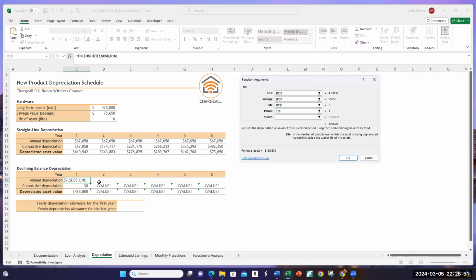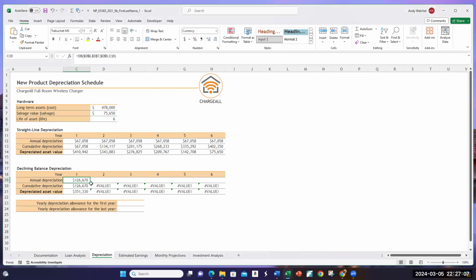But as I drag across, I really do want year 2 depreciation, year 3 depreciation, year 4 depreciation, etc. So I'm not going to freeze C18. I'm going to leave that unfrozen. Drag across. And the last year's depreciation should be 27,171. That's that.